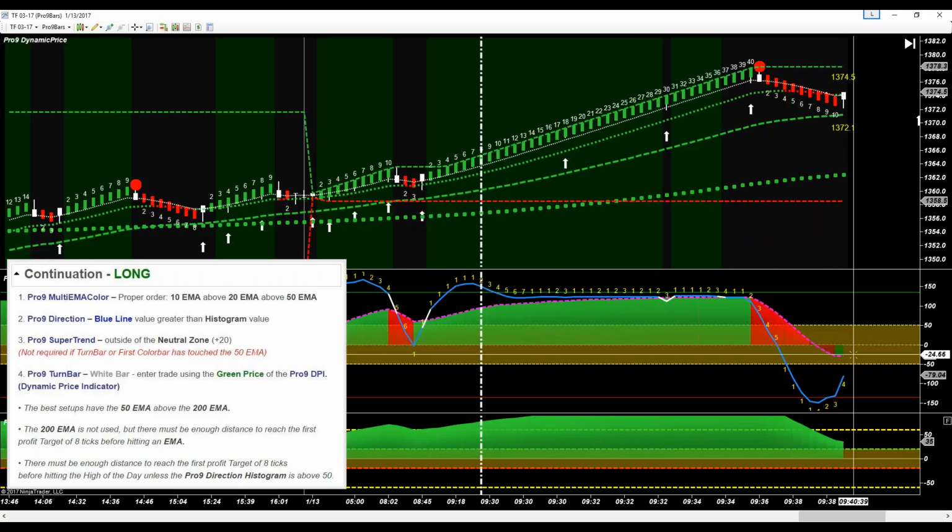Because we don't want to jump into a trade that's not fully qualified willy-nilly, ahead of, before we're fully confident that it's going to go in the direction we want.